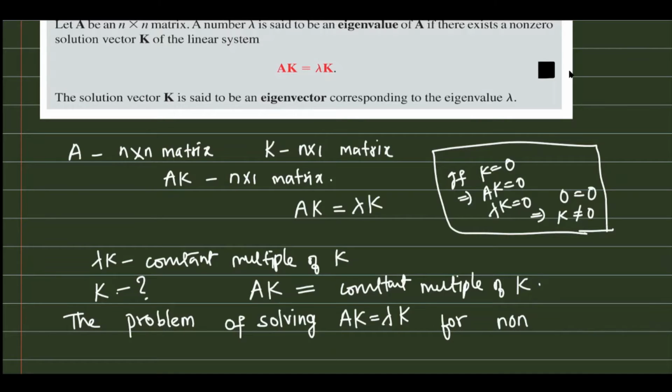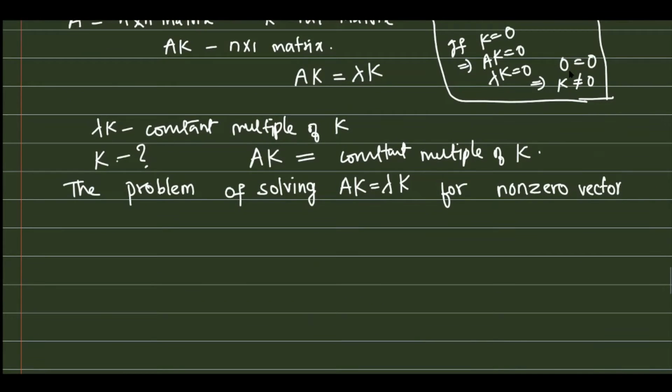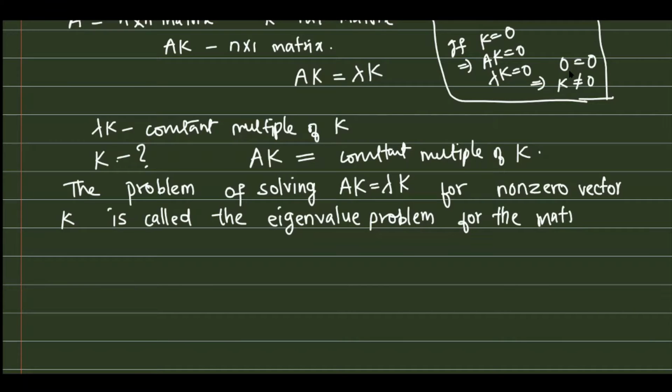So the problem of solving AK equal to lambda K for a non-zero vector K is called the eigenvalue problem for the matrix A. So this is the eigenvalue problem.